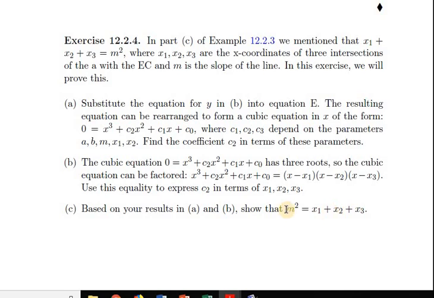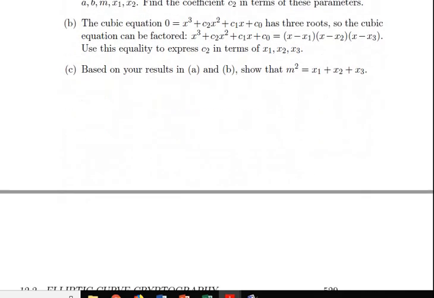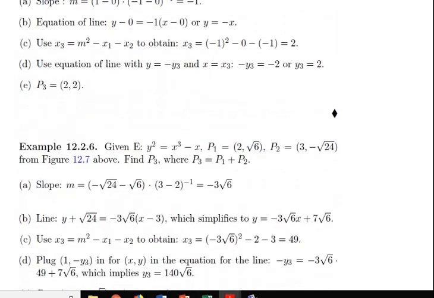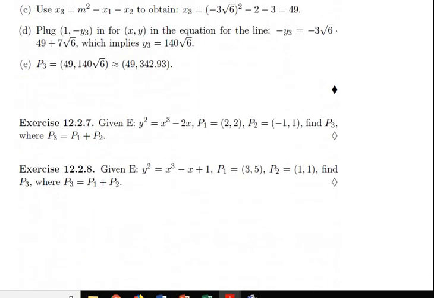So once again, in order to compute the third point, find the slope, find the point-slope formula, use the slope to find the x-coordinate of the third point, and then use the point-slope formula to find the y-coordinate, which you'll have to take the negative of because you want to reflect when you take the sum of the 2 elliptic curve points. Here are some examples where you're asked to compute these sums.